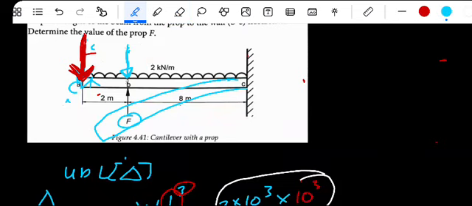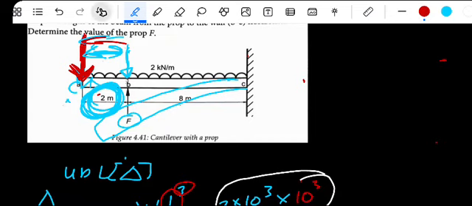That means since we have the UDL, we have to multiply this additional force by 2. Since we have the slope, the additional will be multiplied by 2. Remember that it's an additional, and that additional bend will act in that direction.